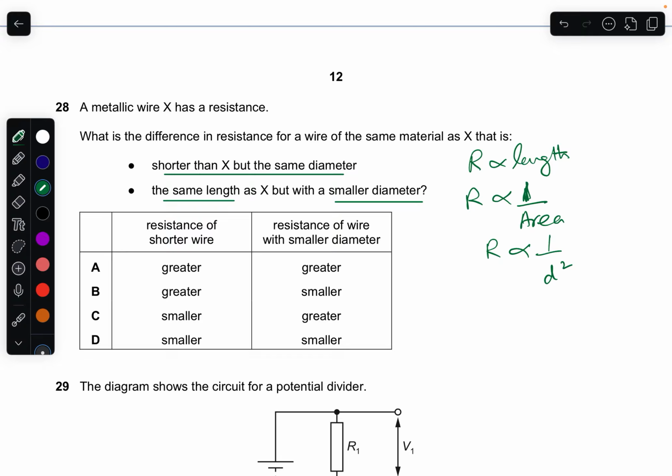So in one case the resistance will be smaller and in one case it will be greater, so it's option C.